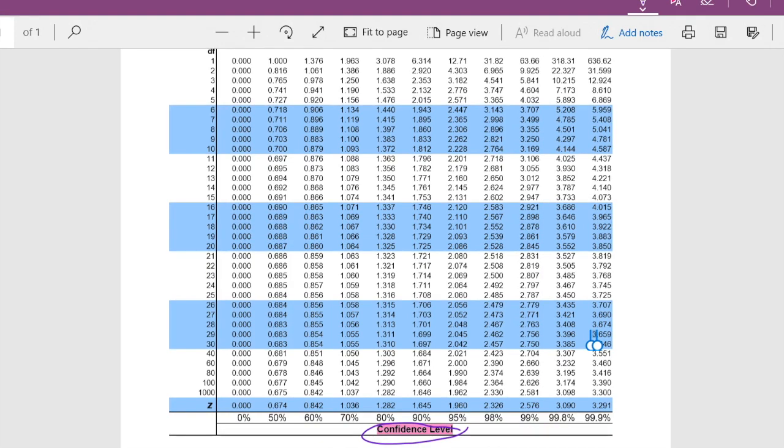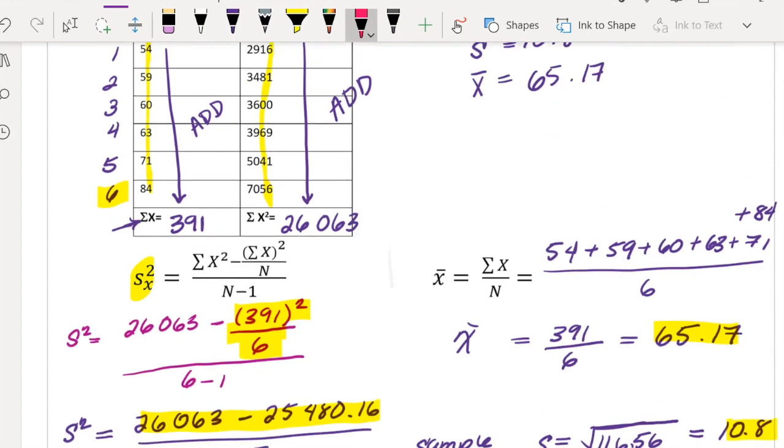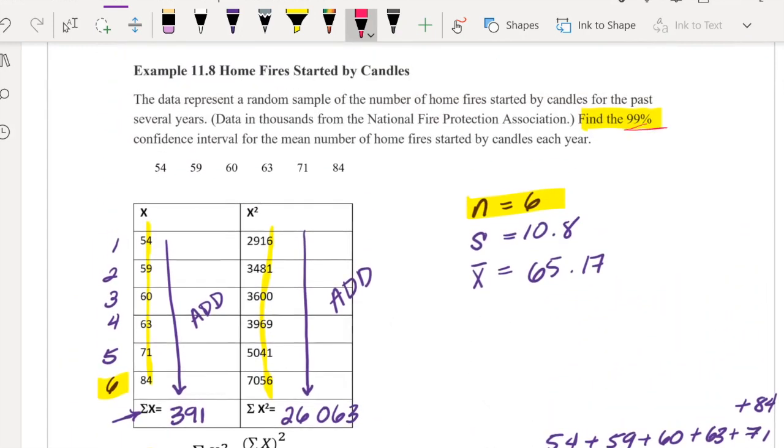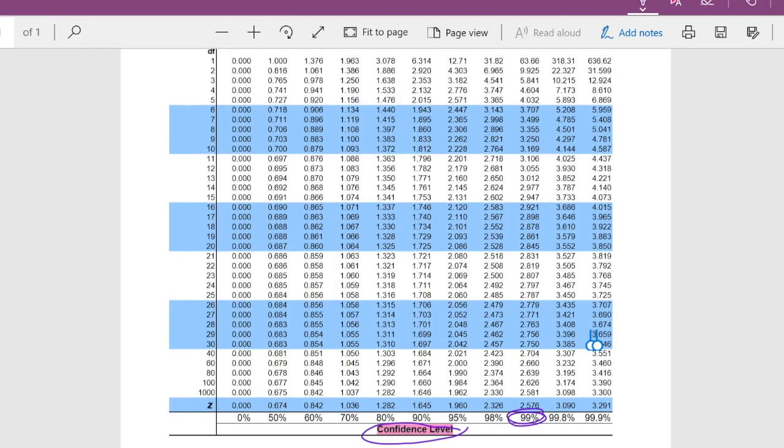Well, I want to be how confident? 99. So 99% confident. My degrees of freedom are going to be 5. Nice. Looks like that's going to be my confidence, my T critical, sorry, 4.032.